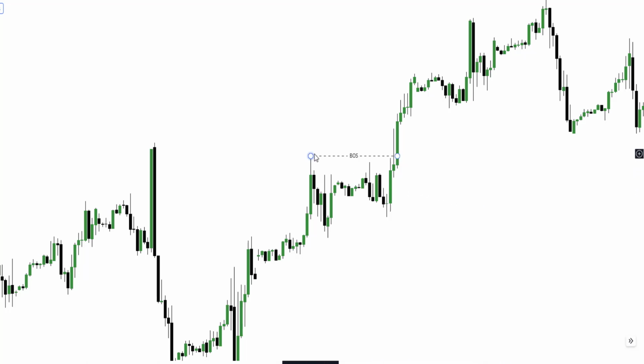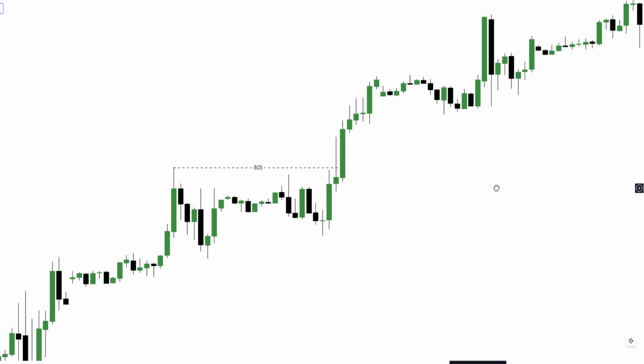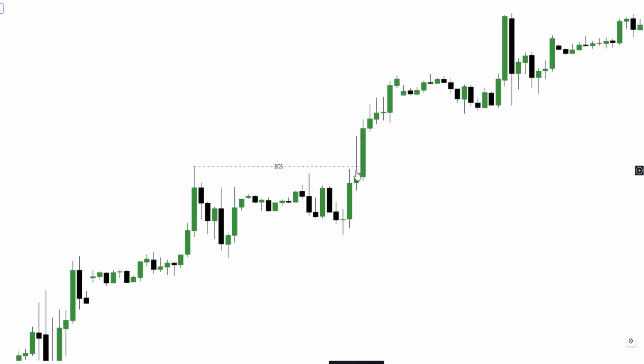In identifying, we need to put our line on the highest wick, and then in calling it a break of structure, we need to see that the body of the candle closes outside the line. Now look at this. This is what I mean by that. Can you see this particular candlestick that has a wick? It closes inside.